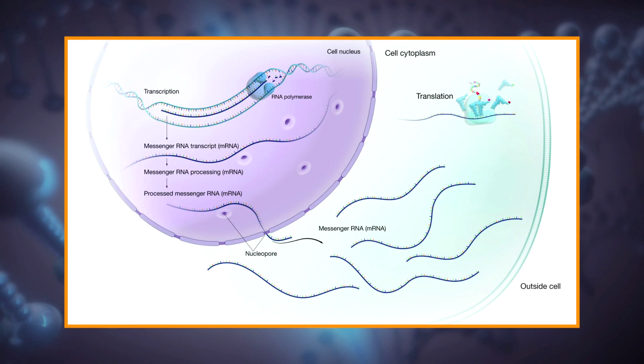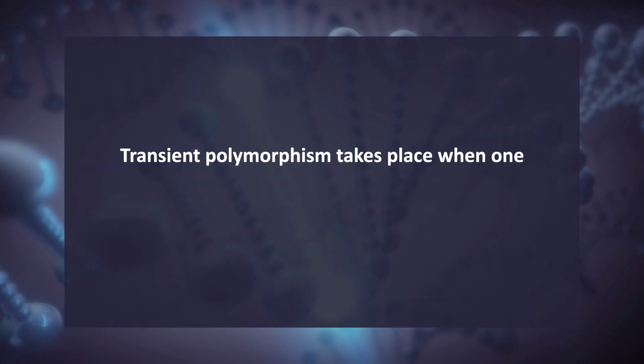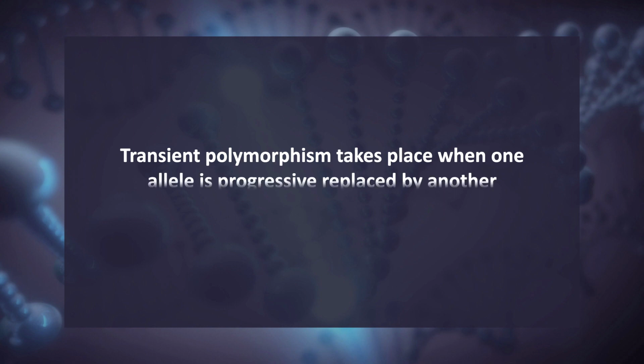Both give rise to phenotypic change and affect gene expression. Transient polymorphism takes place when one allele is progressively replaced by another, causing polymorphism. Hence, only one allele is affected in transient polymorphism.